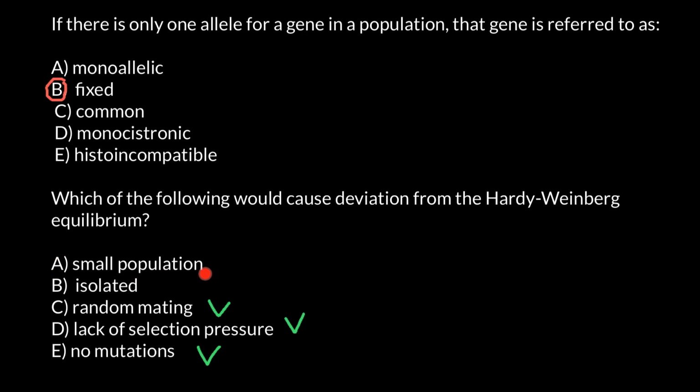But a small population doesn't meet the requirements of the Hardy-Weinberg equilibrium, because according to its postulates, the population has to be infinitely large. So in this case, if other requirements are also met, we can expect that allelic frequencies would stay the same.